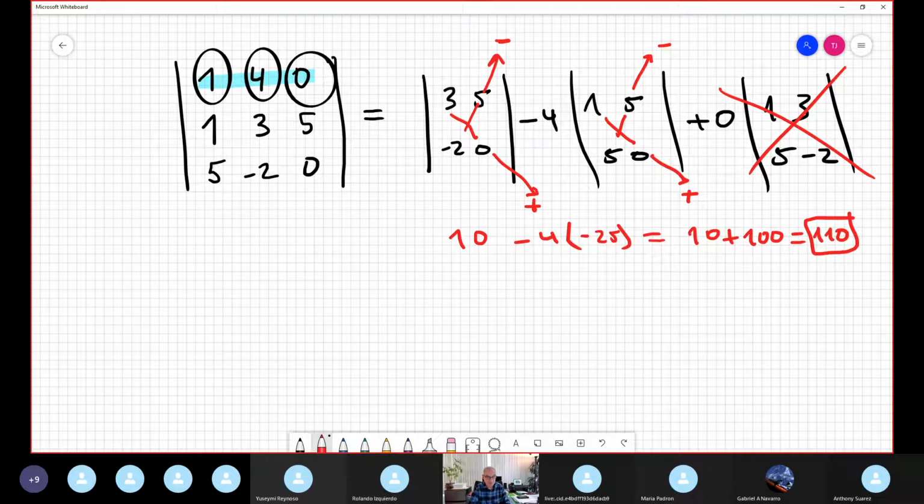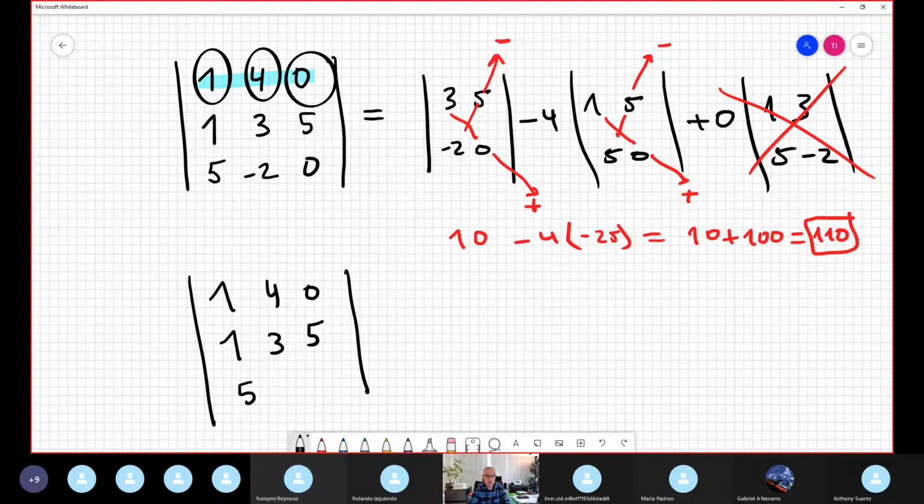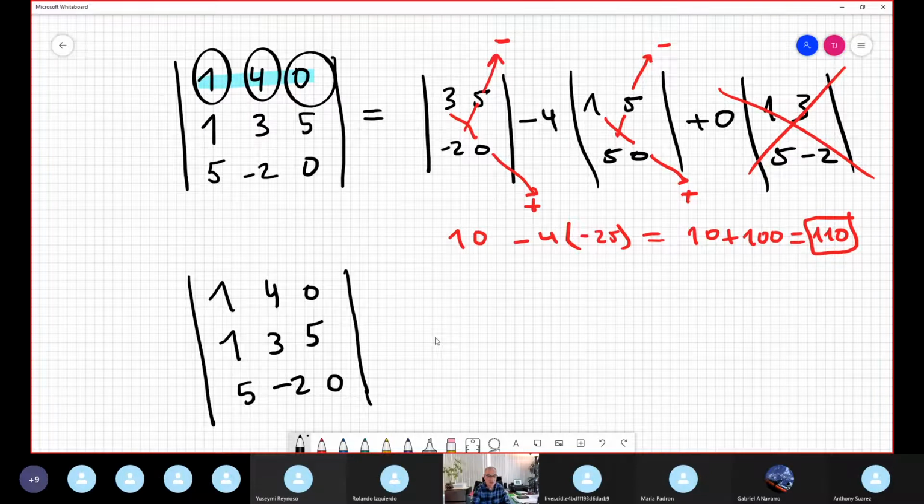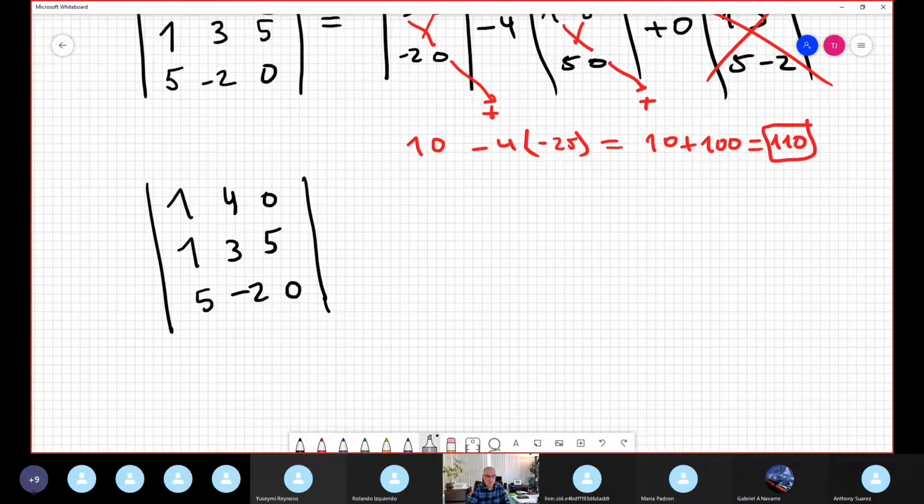Okay. Another person might say, well, no, I don't understand this very well. I see you say that you can select any row and any column. There is no reason to select the first one, because suppose I select that column, and nice, because you have 2 zeros and only one value. This value is 5. It's 5, but I don't know if it's positive 5 or negative 5.